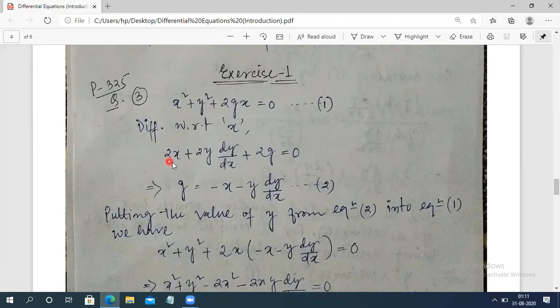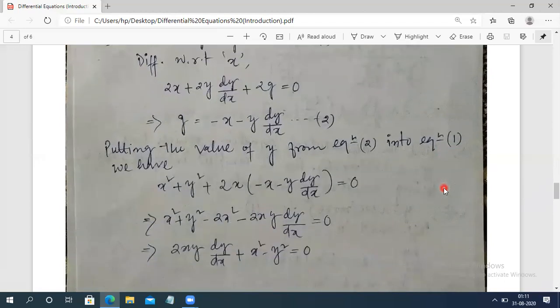We will get 2x plus 2y dy by dx plus 2g is equal to 0. So g will be minus x minus y dy by dx. Now substitute this value of g in equation 1.